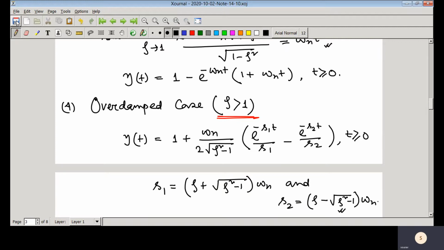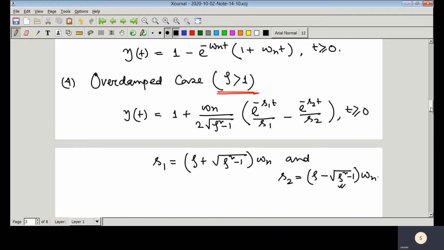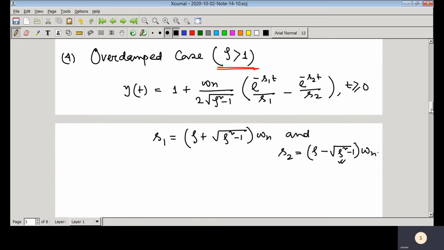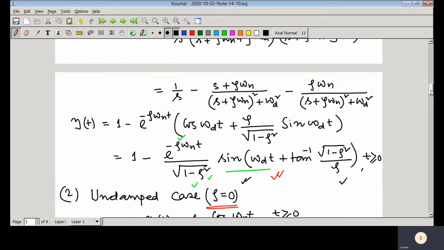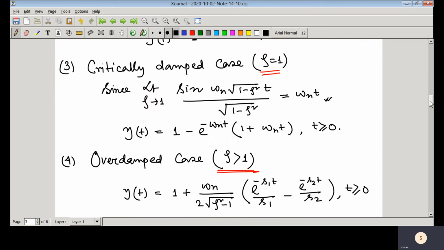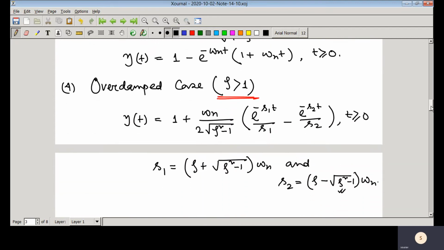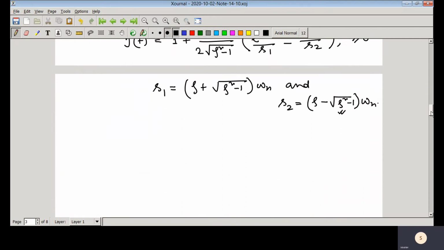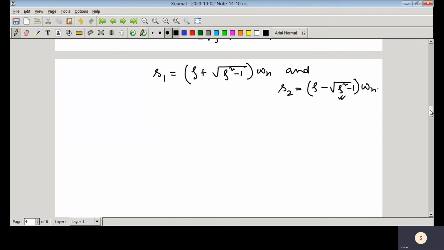Among those 4 cases we will be considering the underdamped case in detail. So let us see what would be the response in case of an underdamped situation. Now we are going to plot the step response of a second order system.